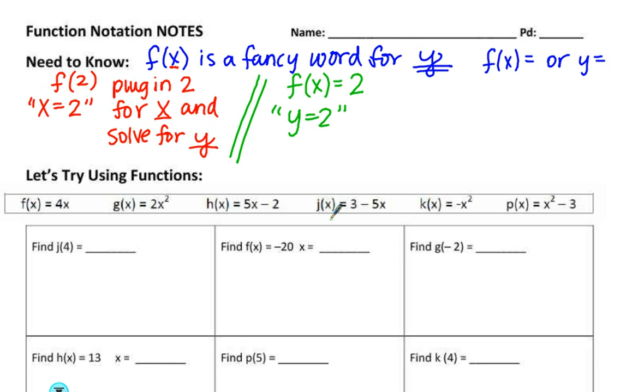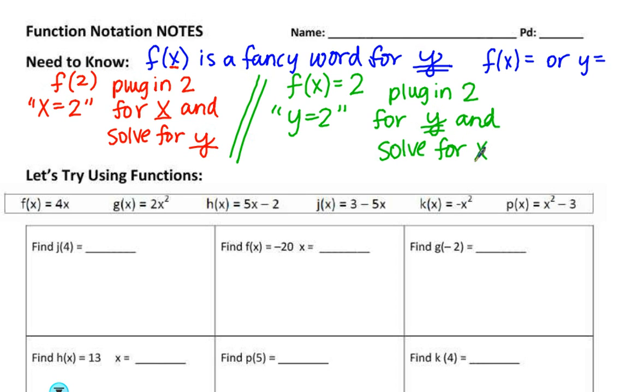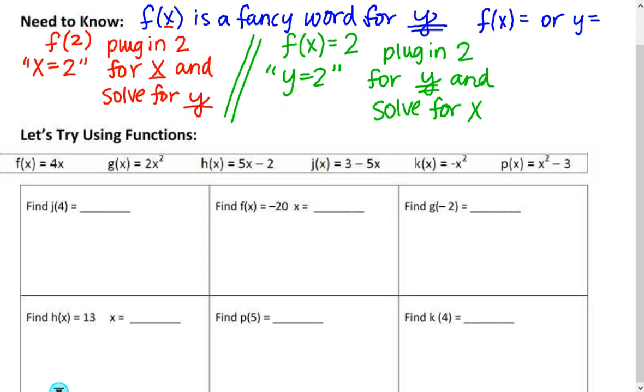If they give us a y value, we plug in 2 for y and solve for x. Most of the time you'll see this first version, but on occasion you will see this second version. You just gotta pay attention. Which did they give you, x or y? And then you solve for the opposite. So let's try.